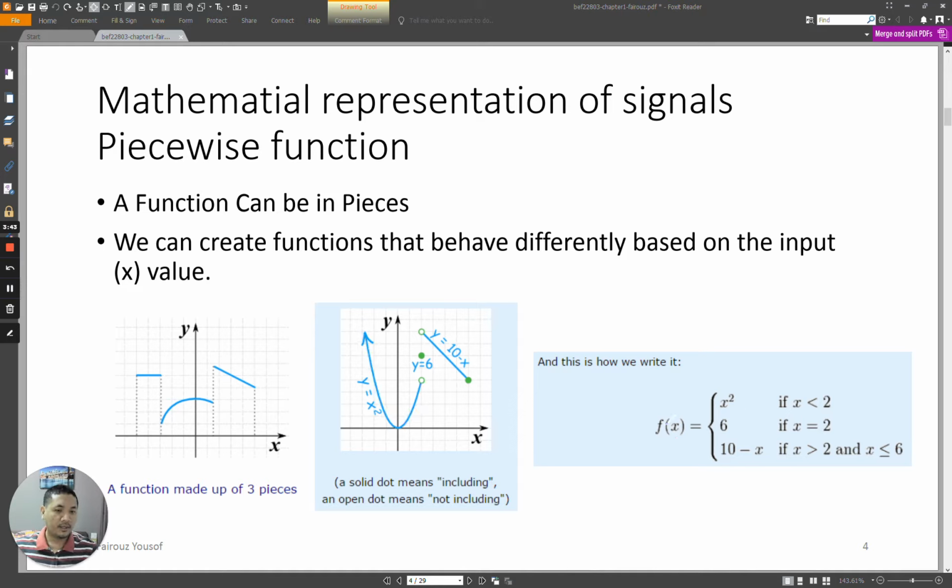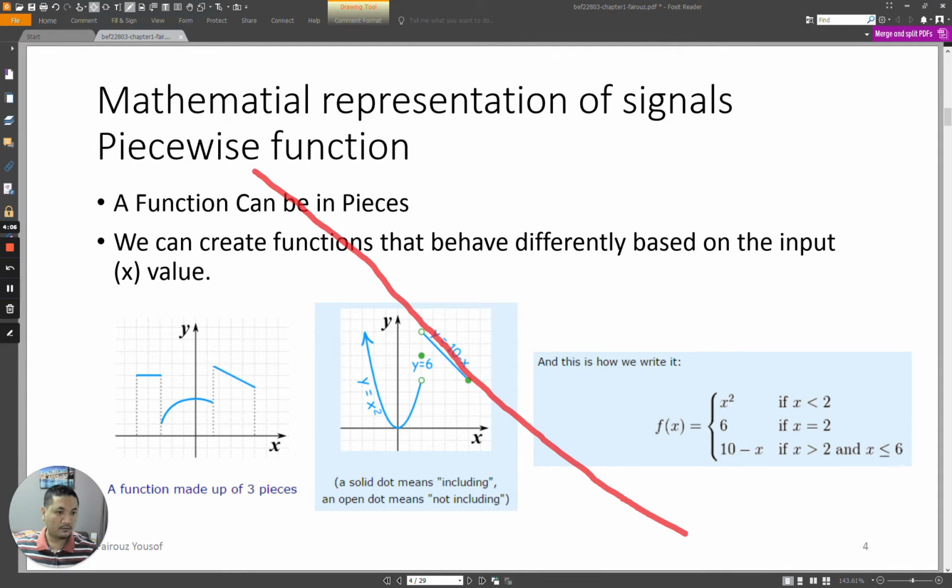Then y or f(x) is 10 minus x, which is a straight line. Okay, y equals 10 minus x, right? So y equals 10 minus x is actually a very long line, from negative infinity to positive infinity.